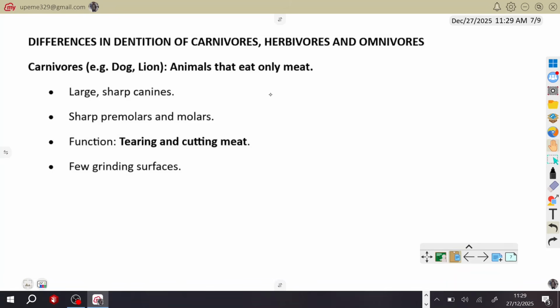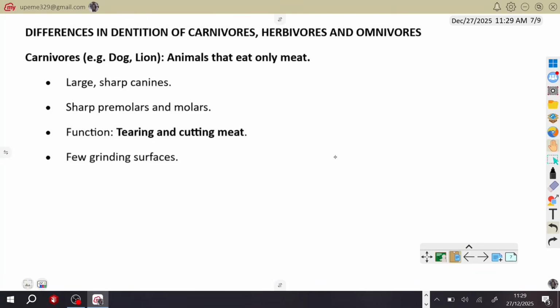Why are their teeth like that? For tearing and cutting meat, because they eat meat as their food. So few grinding surfaces. They may not have grinding surfaces because their food is not for crushing or grinding, it's just for tearing and cutting.